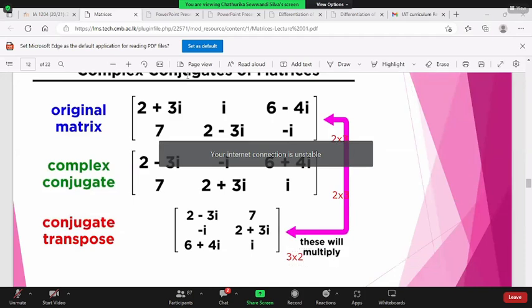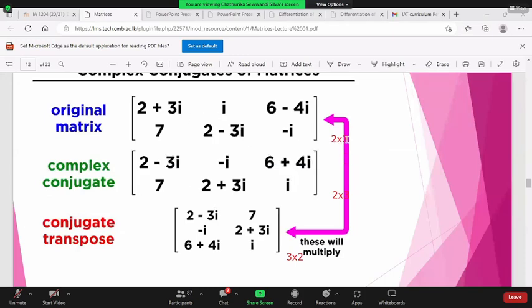So although we can't multiply the original matrix with the complex conjugate because both are 2 by 3, so the number of columns is not matched with the number of rows, we can perform the multiplication in between the original matrix and the conjugate transpose, right? The original matrix and the conjugate transpose can be multiplied because this is 2 by 3 and the other one is 3 by 2. So this multiplication is allowed.